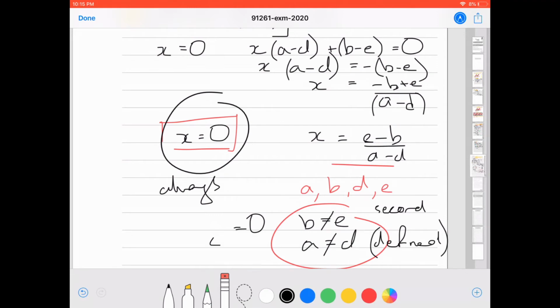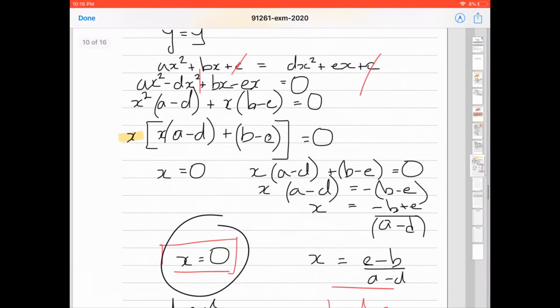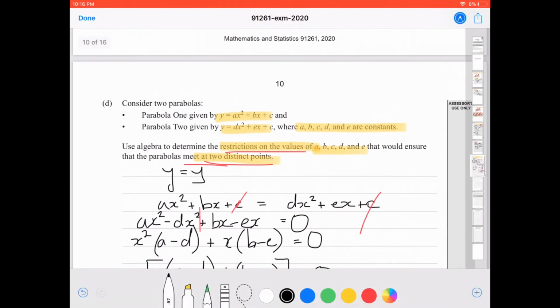So they talk about b not equaling e so that the second solution is distinct from the first. And why do they want it to be distinct? Well, that's going back to the question: meets at 2 distinct points. Again, I'll highlight that piece of information here.